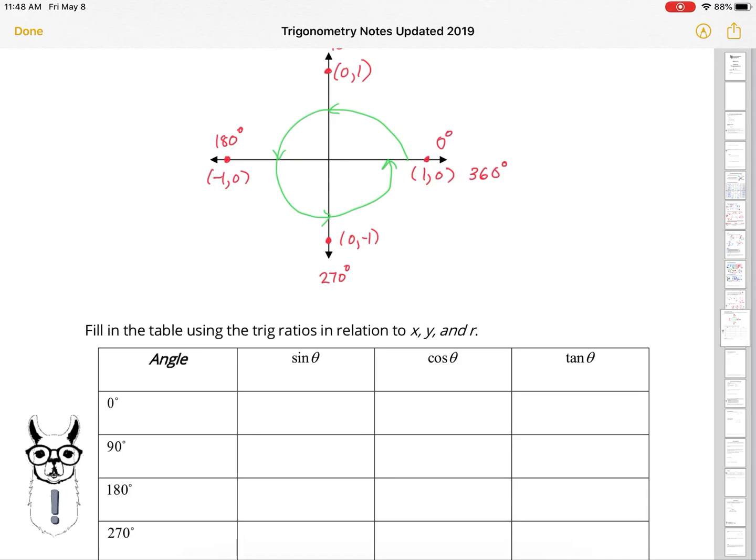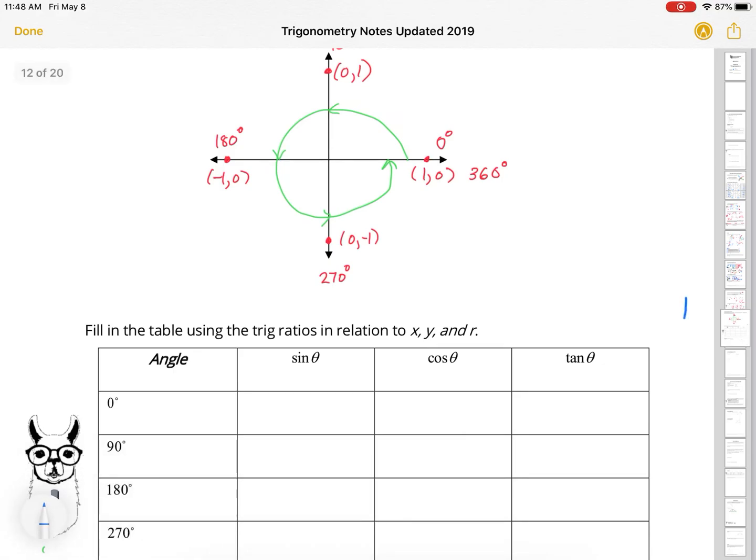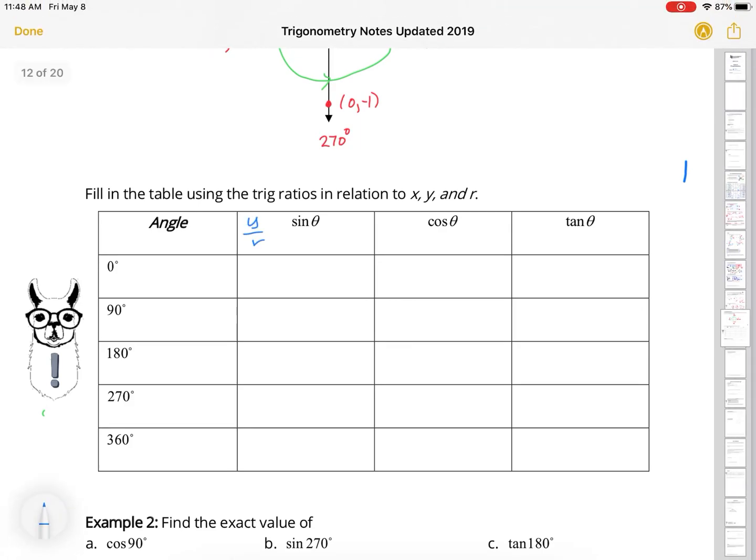Now we're going to fill in the table using the trig ratios in relation to x, y, and r. We're using those points to fill in these angles. For angle 0, let's remember up here, sine is y over r, cos is x over r, and tan is y over x.